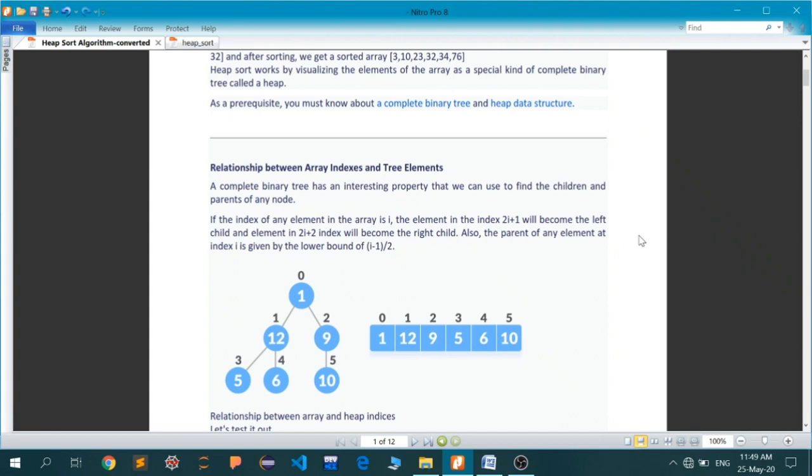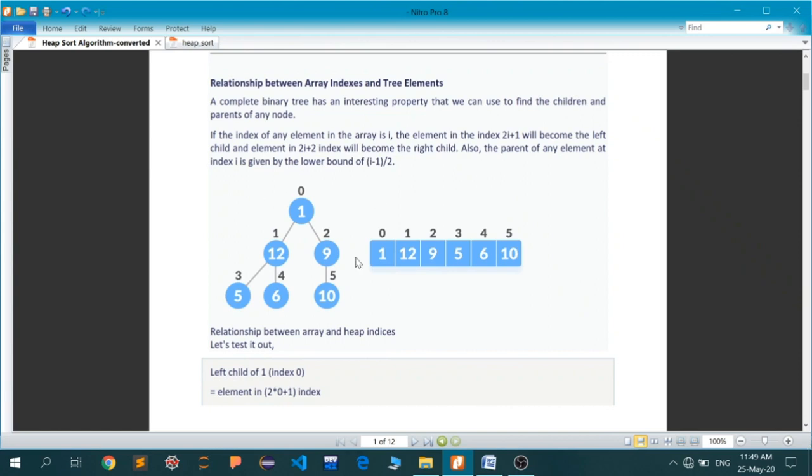You can see here this is a complete binary tree. The leaf level is not complete, we still have one position left, but all the other levels, the root level and the levels below it, are completely filled.